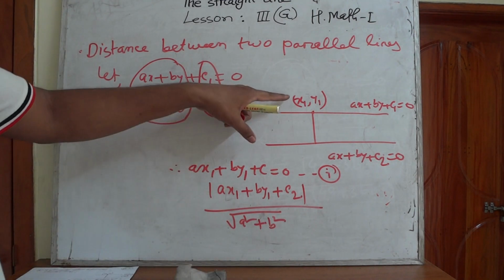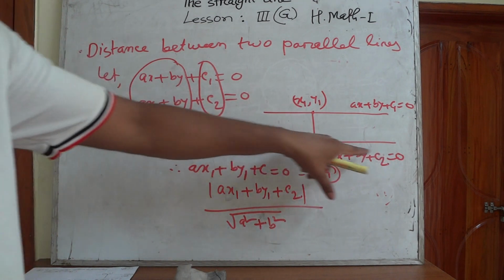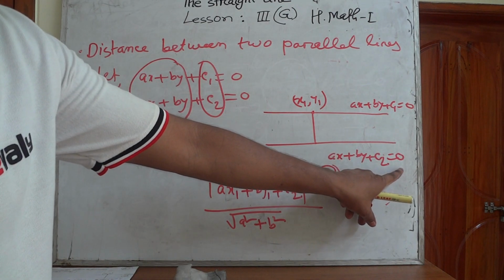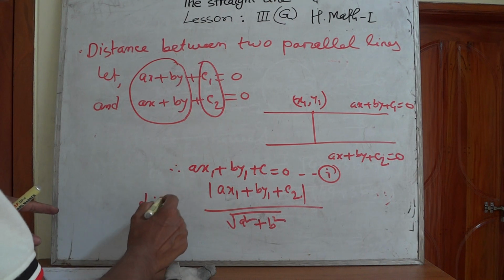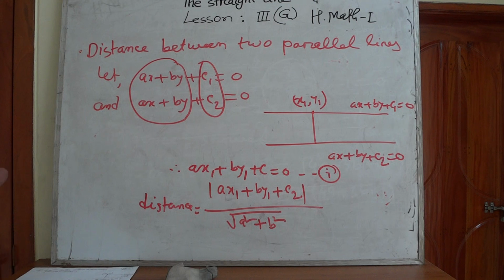This is the distance from x1, y1 to the second line, that means ax plus by plus c2 equal to 0. This is the distance. Clear?